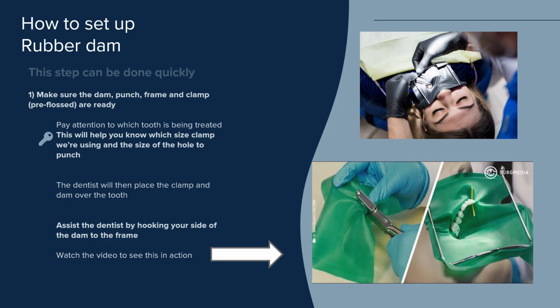See these little holes? That's where those little pegs go into the clamp. These are forceps, clamp forceps. It goes over the tooth. And then now the dam is stretched over the teeth, so we poke them through those little holes.